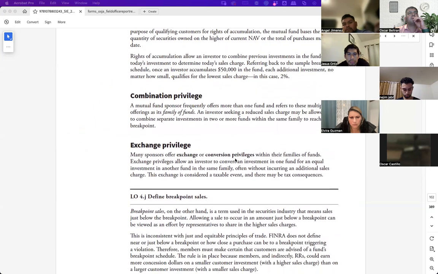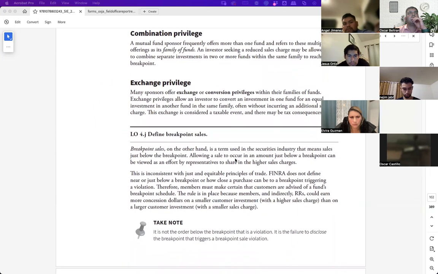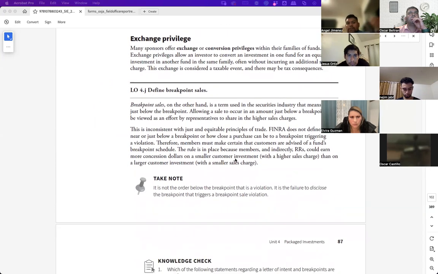And here it is, exchange privilege. Many sponsors offer exchange or conversion privileges within their family of funds. Exchange privilege allows an investor to convert an investment in one fund for an equal investment in another fund in the same family, often without incurring an additional sales charge.